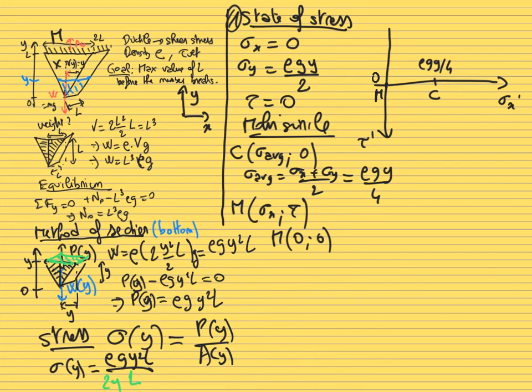So based on this, now we have the center. We have one point of this circle, so we know everything about this circle and we can calculate its radius.